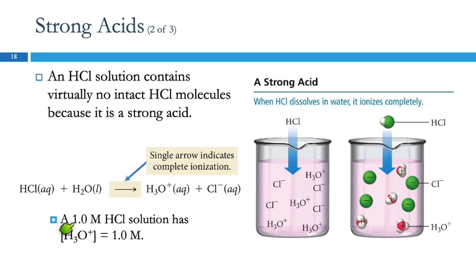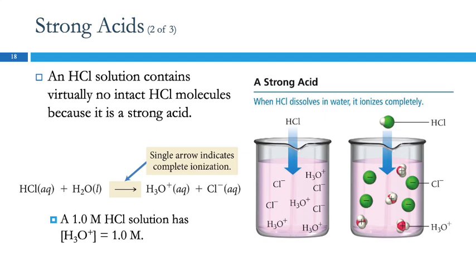So if we have a 1 molar HCl solution, remember that capital M is moles per liter, so this is 1 mole of HCl per liter, then what's the concentration of the hydronium ion? Well, for every 1 mole of this, we have 1 mole of that. So the concentration of hydronium ion is the same as the concentration of the acid. We also have 1 molar chloride ion.